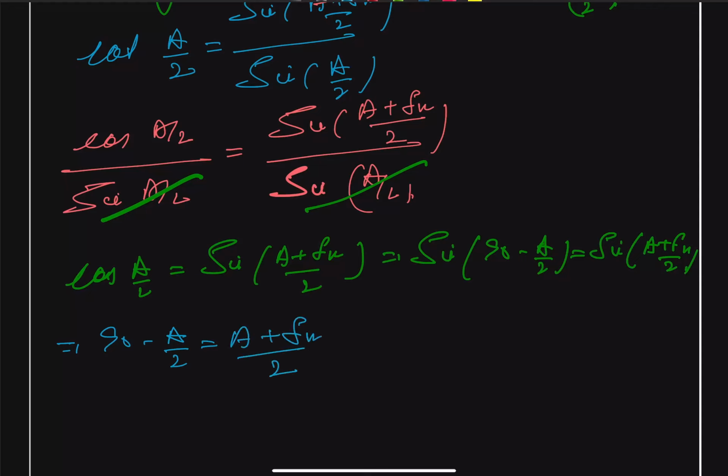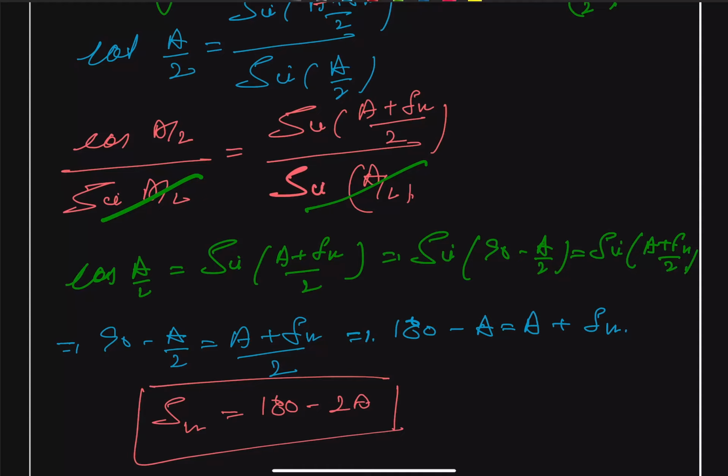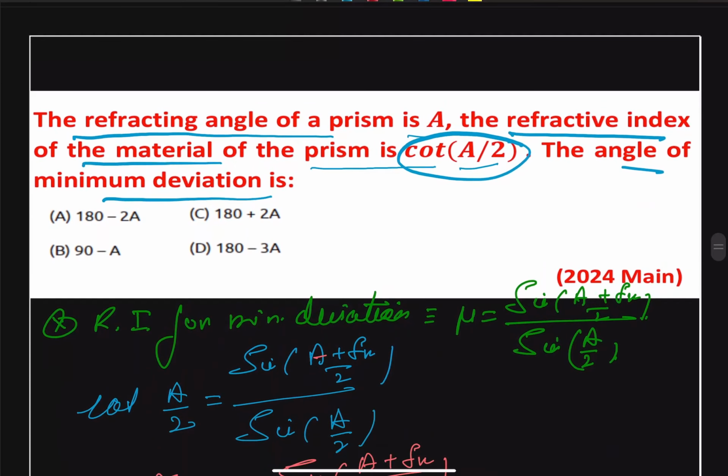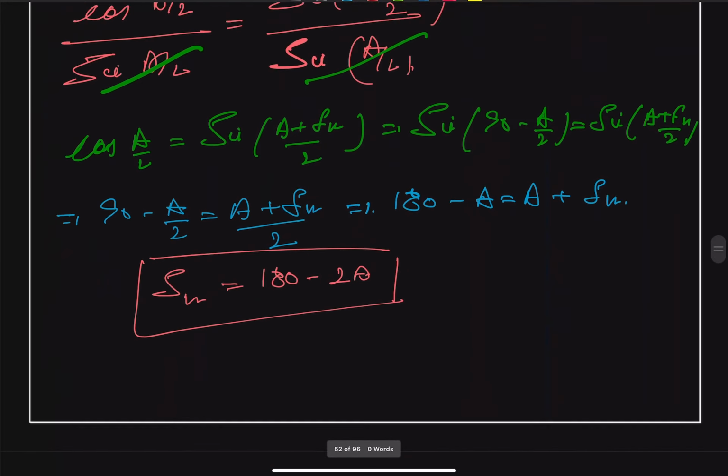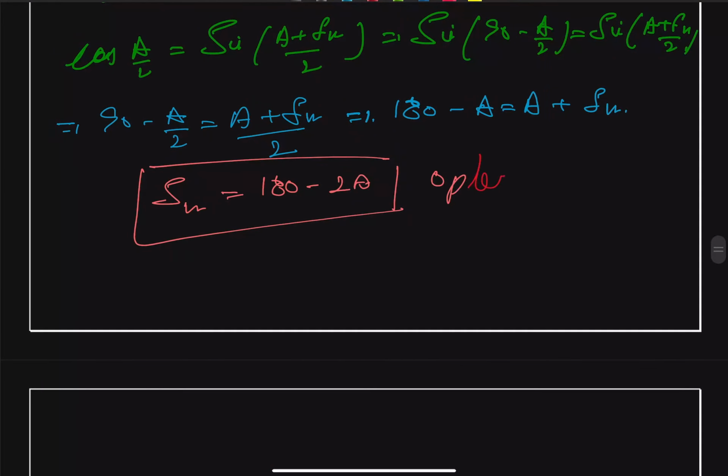Here delta m is the minimum deviation angle, and this gives us 180 minus A is equal to A plus delta m. Therefore delta m will be equal to 180 minus 2A. So this is the angle of minimum deviation, 180 minus 2A. Option A is the correct one.